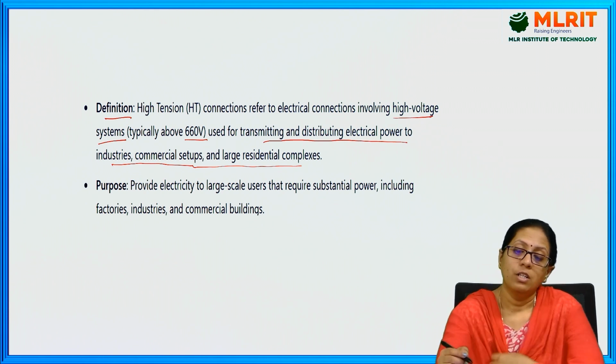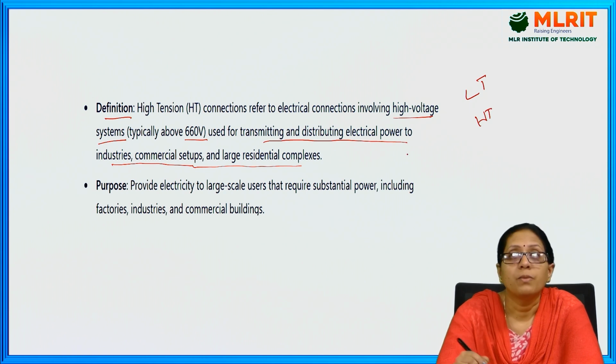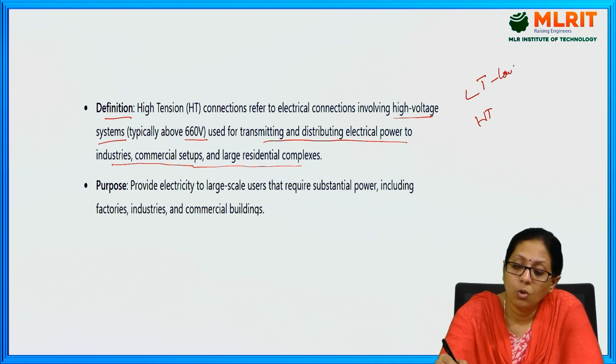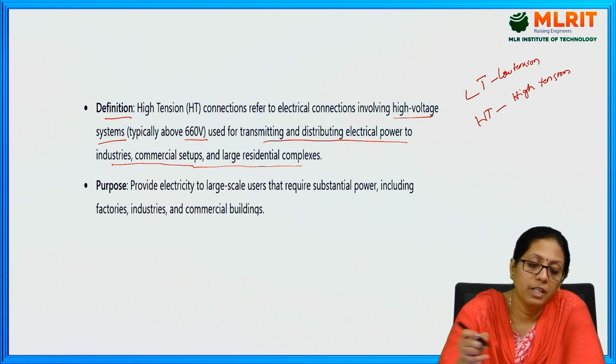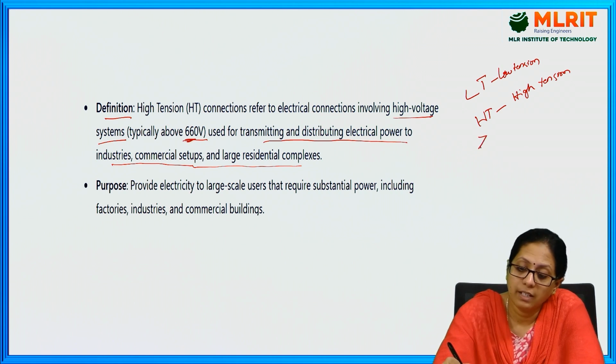That is, you can have an LT system as well as an HT system. LT system means low tension system. HT system means high tension system. Here you can see high tension is above 660 volts.